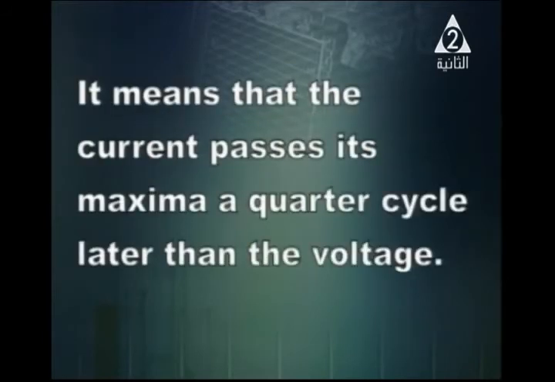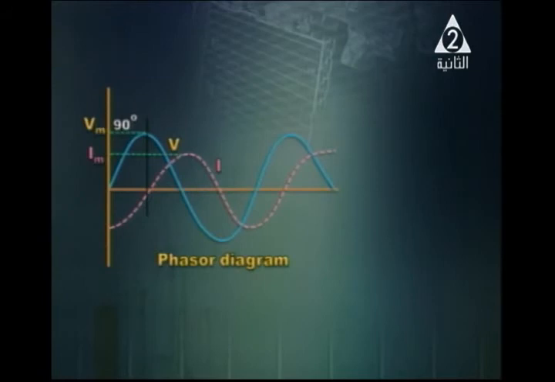It means that the current passes its maxima a quarter cycle later than the voltage. When we say current lags behind, it means that the current passes its maxima a quarter cycle later than the voltage. It is shown in front of you.